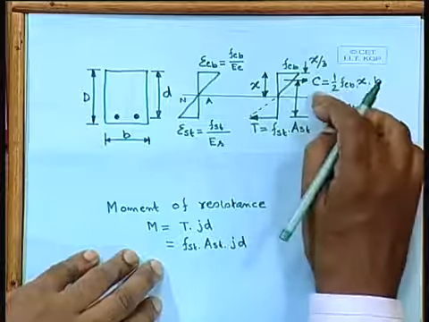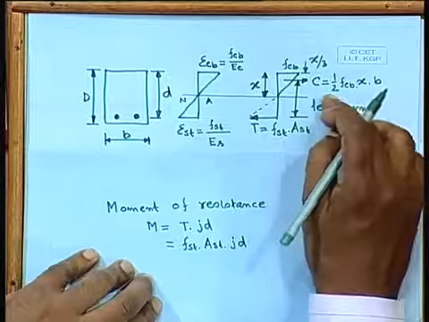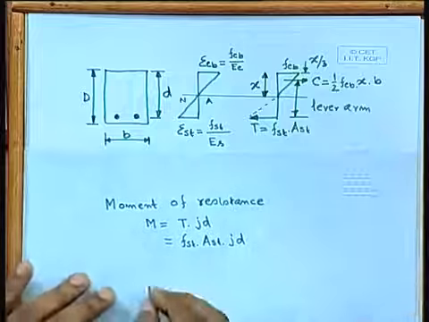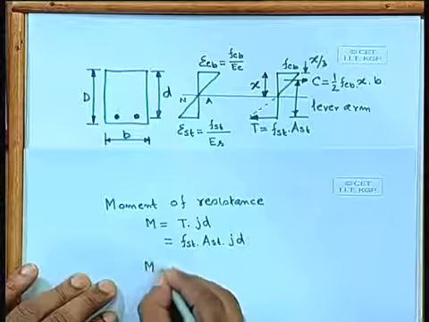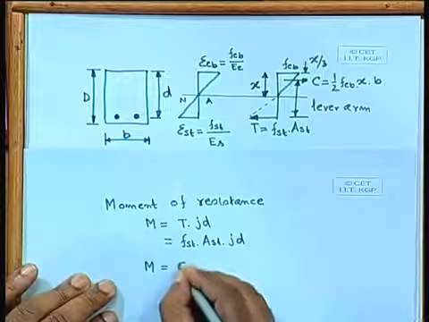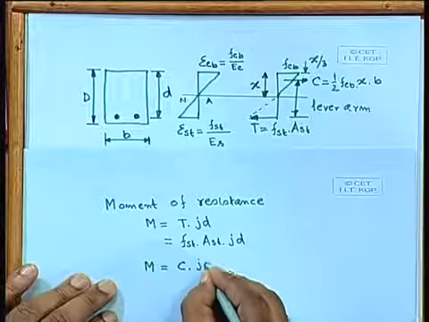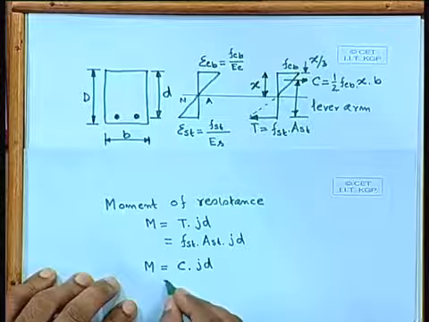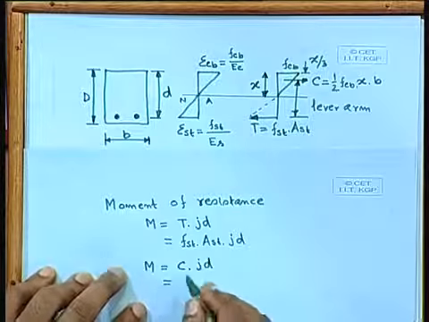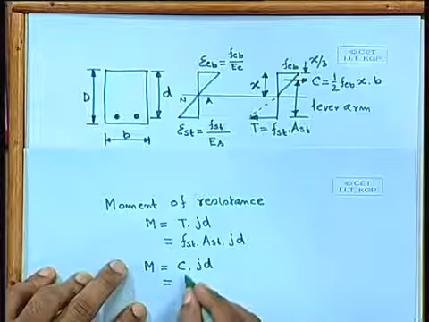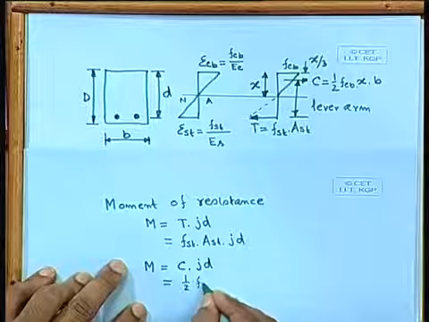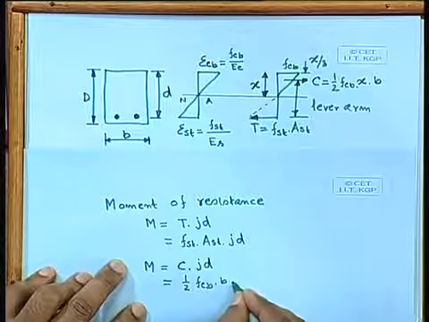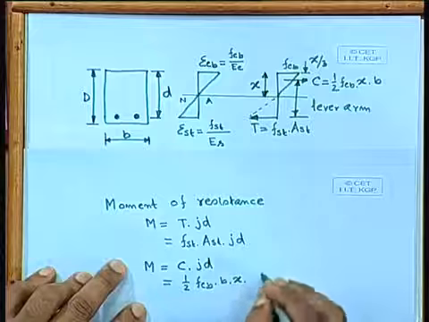Also we can consider it from the other part, that is C times jd. So we can also write M equal to C times jd, which equals half fcb times b times x times jd.